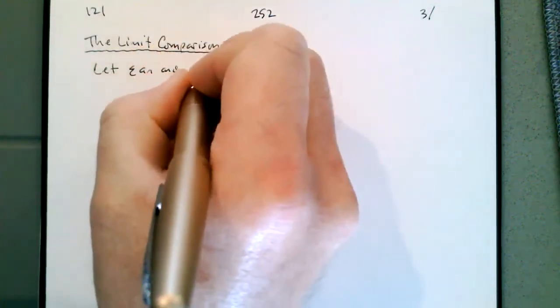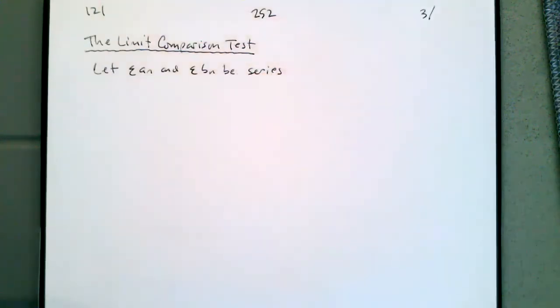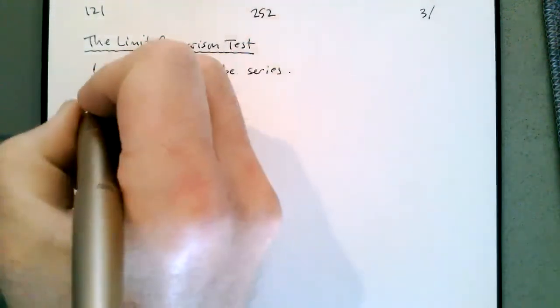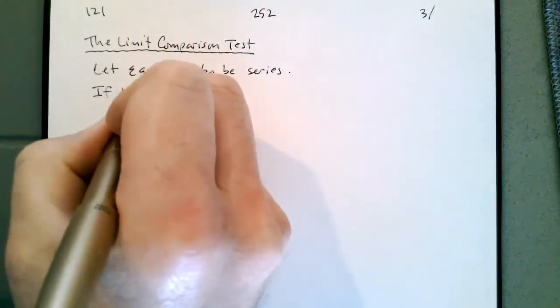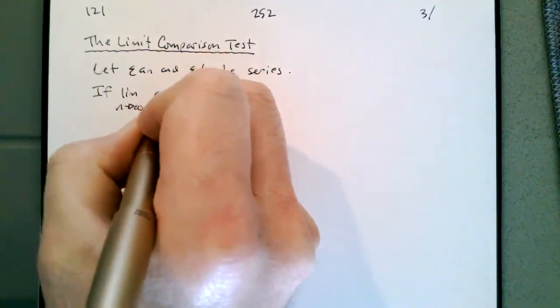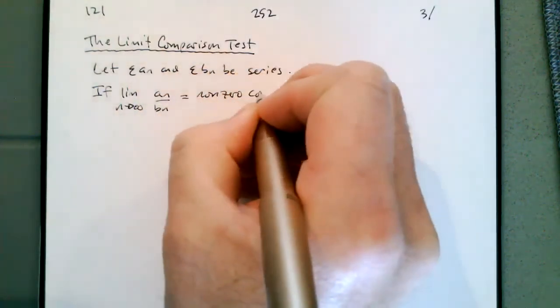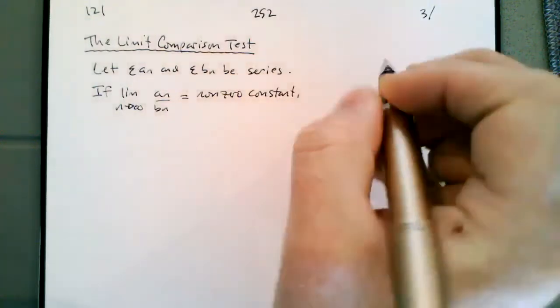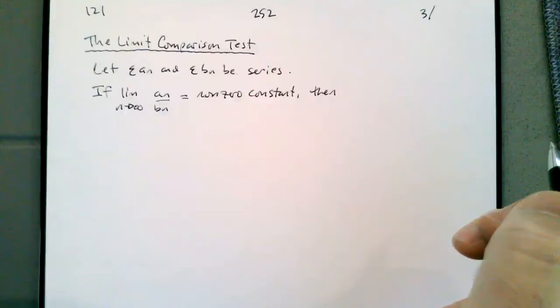So we start off, let a_n and b_n be series. We're going to look at the limit of the ratio of these series at infinity. If the limit, as n goes to infinity, of the ratio of one series to another series is equal to a non-zero constant, then either both converge or both diverge.